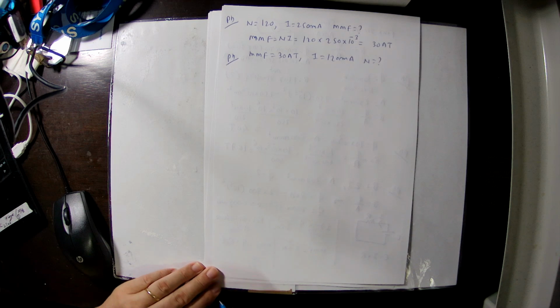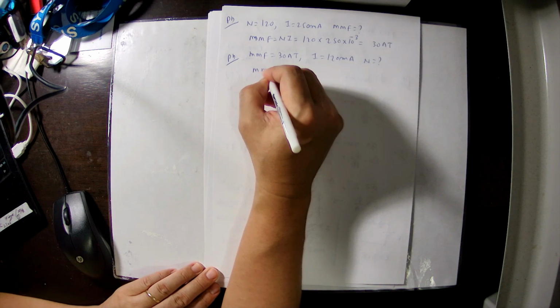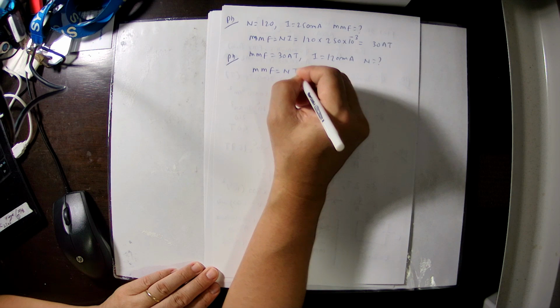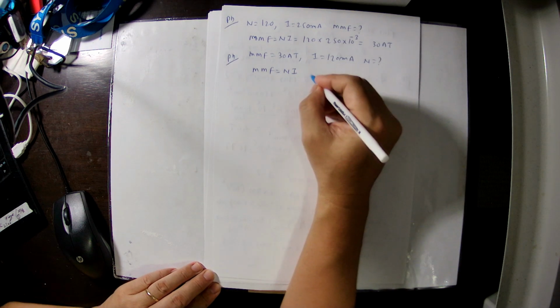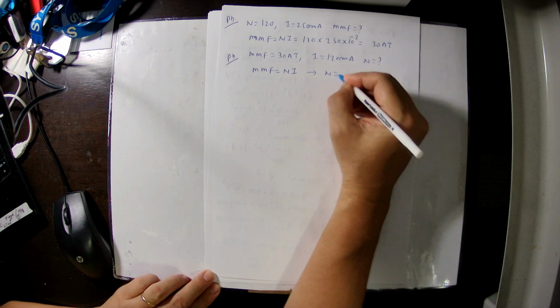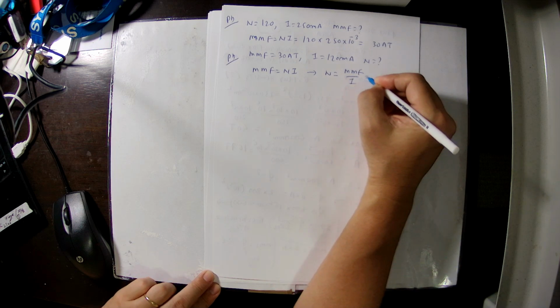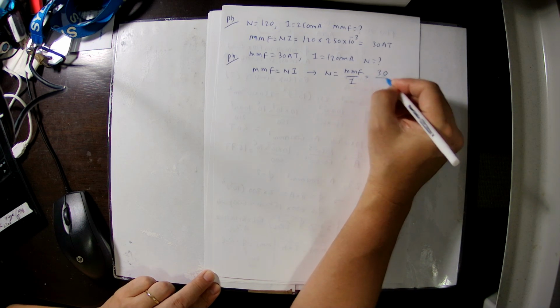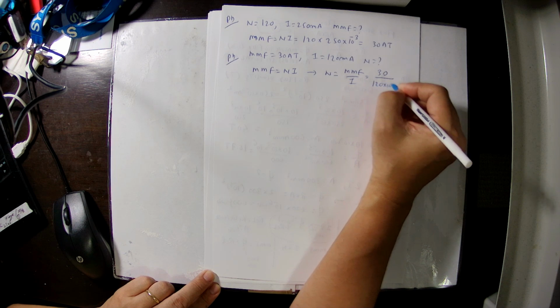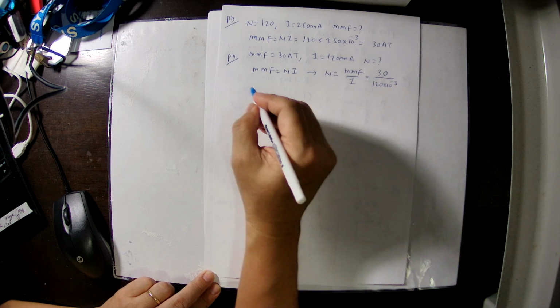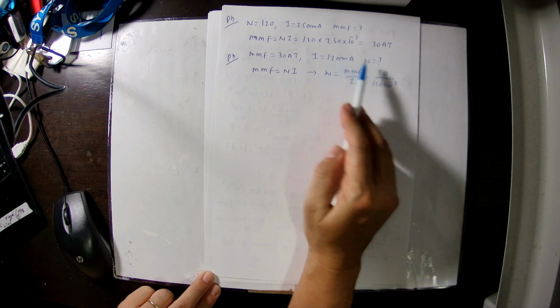We calculate MMF equal to N multiplied by I, then N equal to MMF divided by I. MMF is 30, current is 120 into 10 power minus 3, because we change the milliampere to ampere.